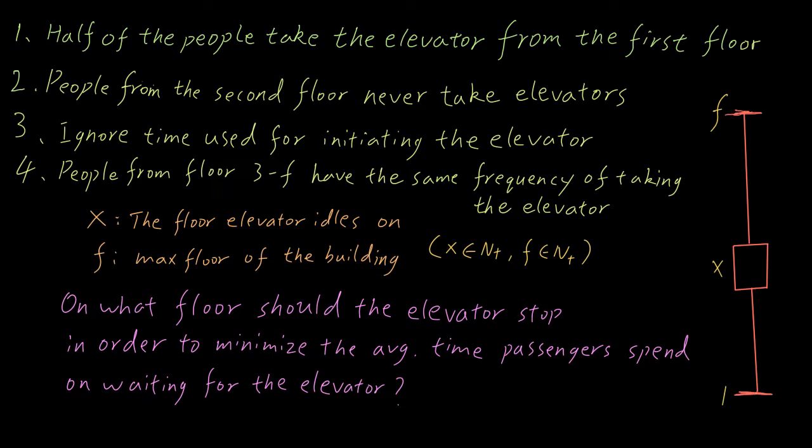When I'm solving this question, I have set four restrictions, or four rules. Of course, you can set anything else, and you'll probably argue with me about this, and I don't actually care. I'll just do this question in the good old way I did it before. So the first is half of the people take the elevator from the first floor.